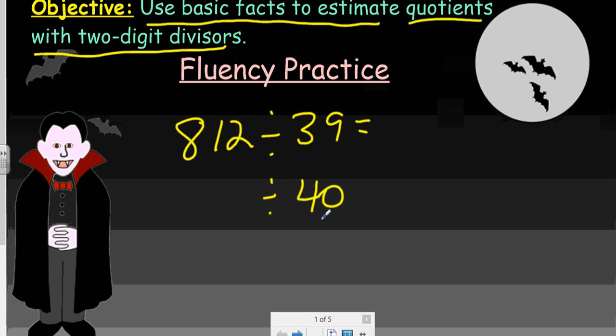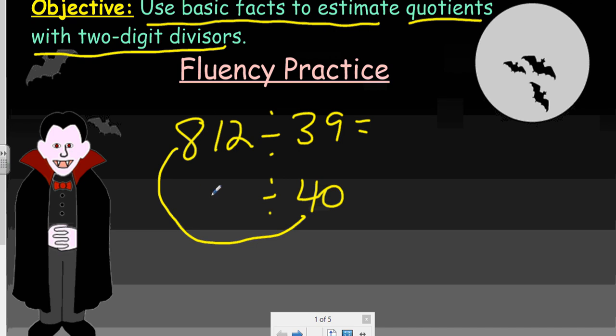Now, we have to think about what multiple of 40 is the closest to 812. Now, if we went 40, 80, 120, that's going to take a little while. But if we look at it this way, I think of it like 800. When I look at the 8 and I see the 4, I see compatible numbers here.